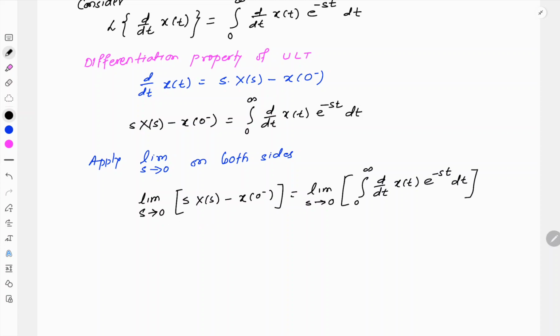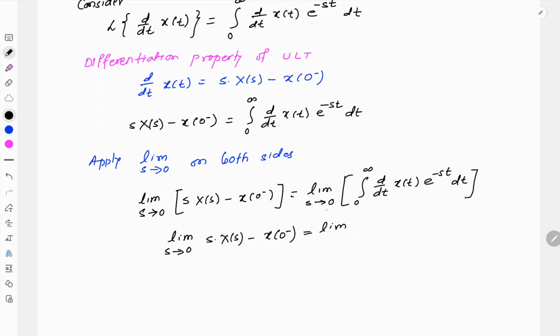Now separate out the limits. So here we get the first term as limit s tends to 0 s into x of s minus, the second term we do not have the s term in it, so there is no question of applying limits, so it will be simply x of 0 minus, equal to limit.